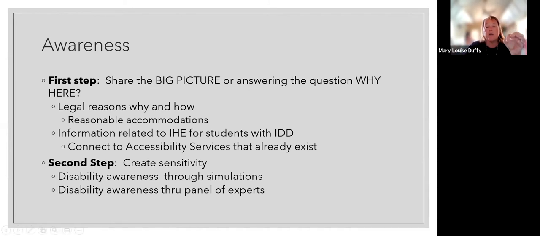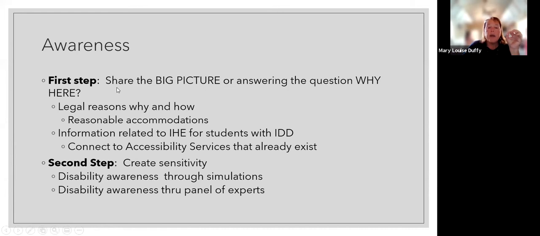It doesn't necessarily say this is for IHEs that have programs for students with intellectual disabilities, but you can read all the way through it and say, oh yeah, this is a good idea. This is a good way to think about it. Lots of the resources came from this book or directed me to it in one way or the other. I'm not selling this book, but you should look into it for a program reference.